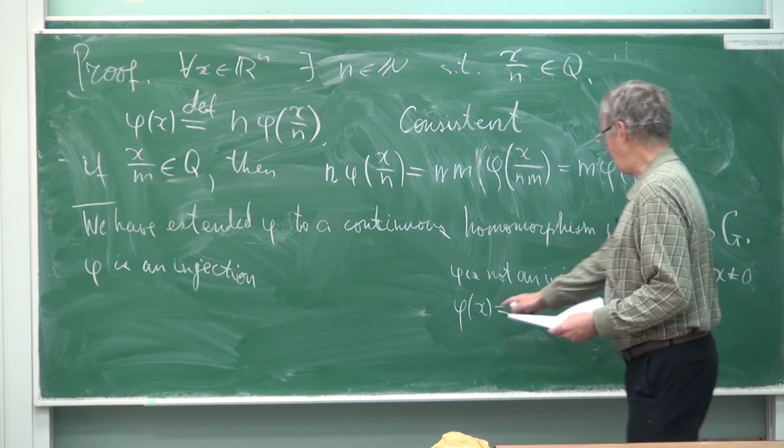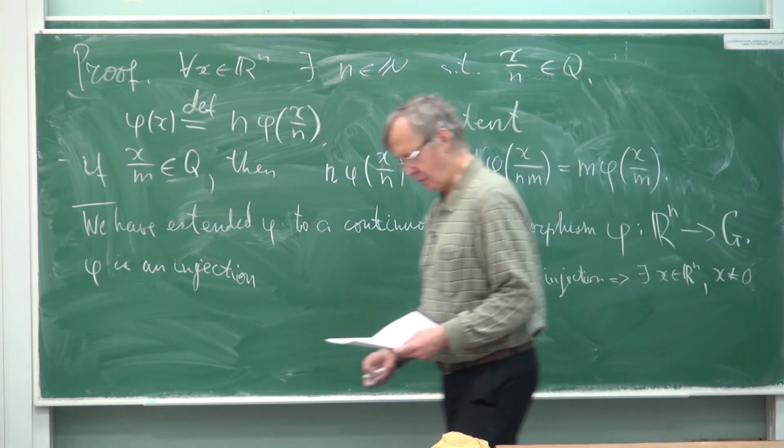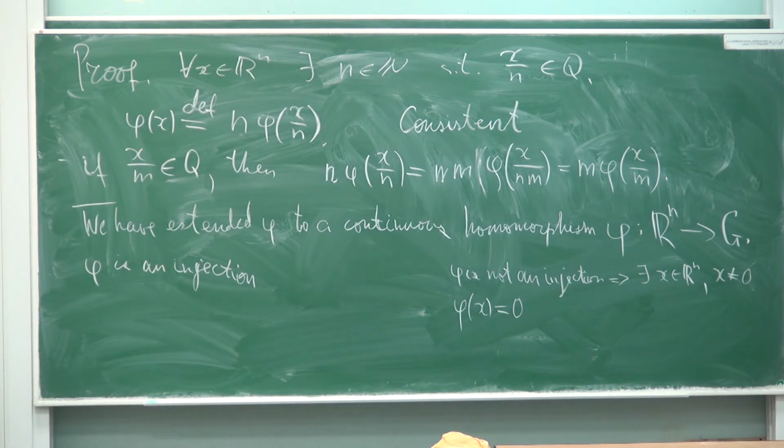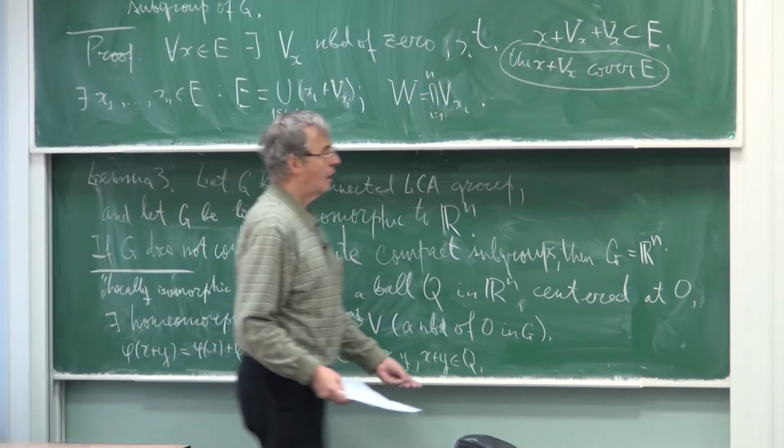But if I divide this x by some large natural number, then I obtain something of which phi is not equal to 0, because locally near 0, this phi is a homomorphism.